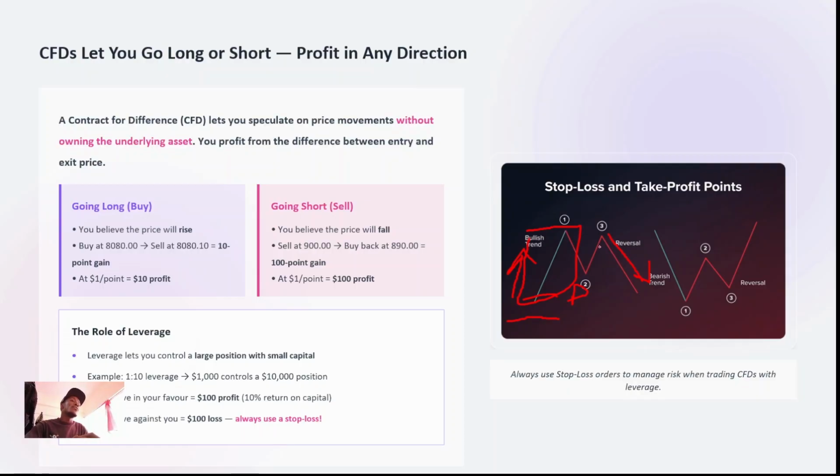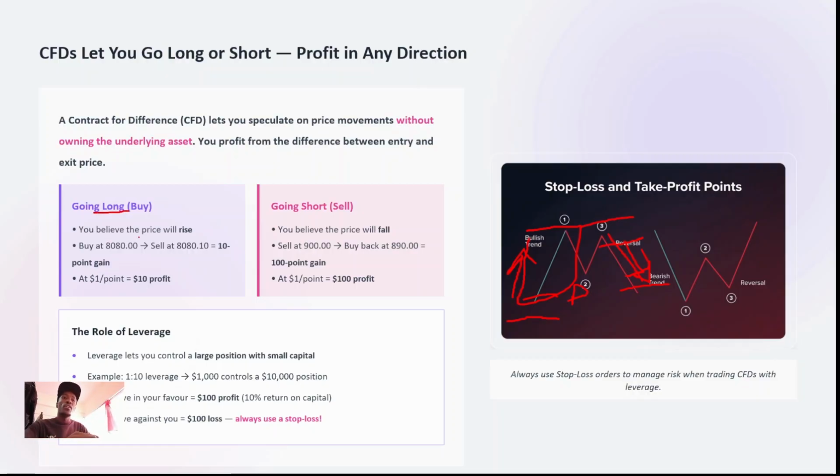Now let's say you open a position at this point, with your stop loss above there and your TP below there. Now the price is moving down. Once the price is moving down, you get to profit.